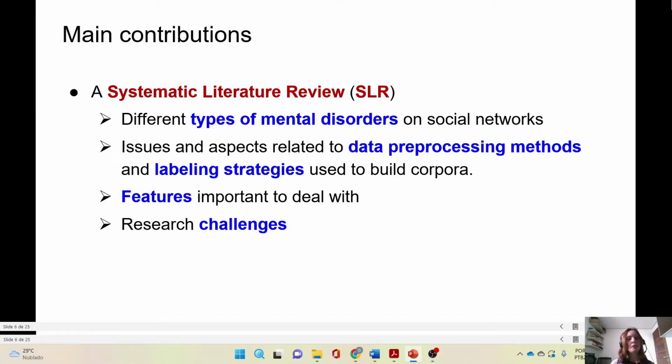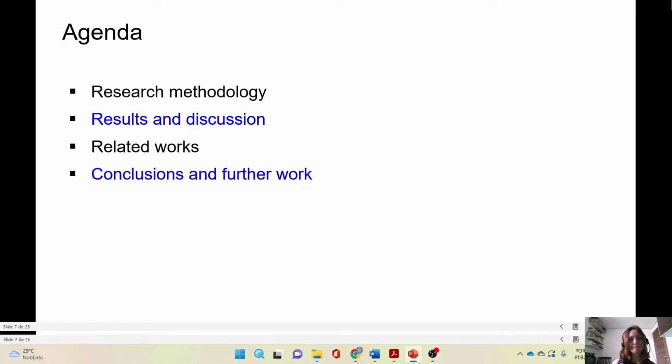At the end, we are going to provide some research challenges we have observed and we have got by means of the selected papers. To this end, we are going to divide our presentation into presenting our research methodology, then we are going to provide some results and discussion.